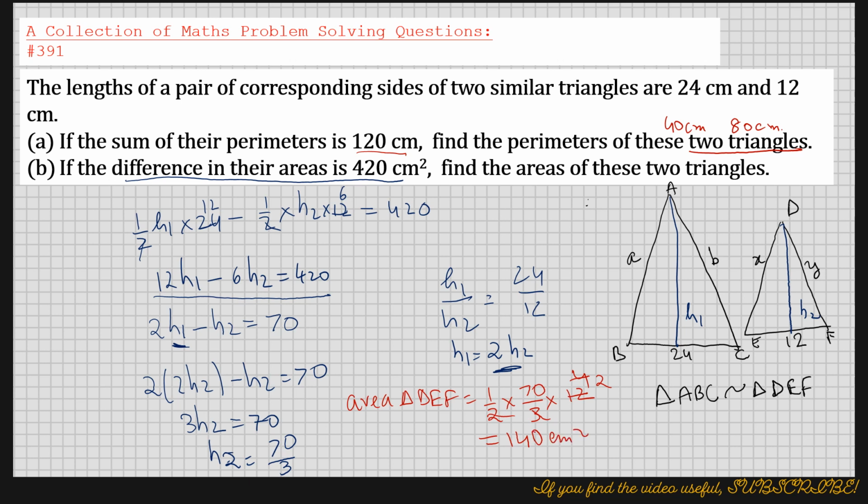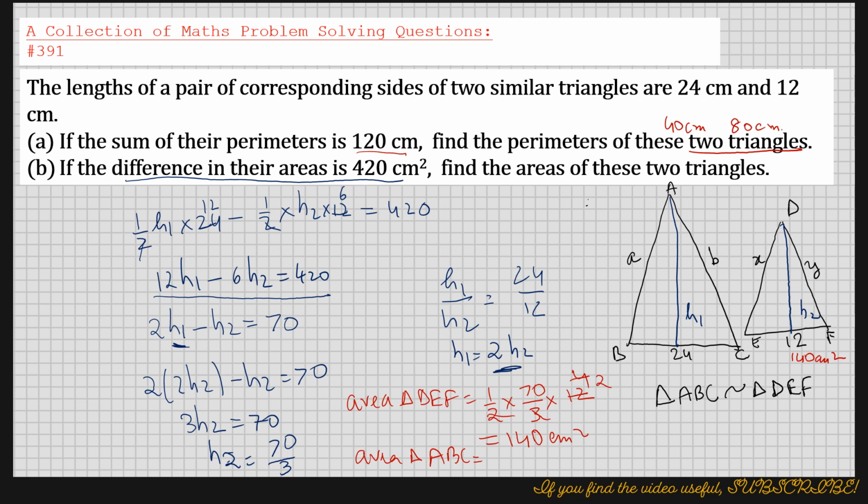So one of the areas is 140 centimeters square, and the area of triangle ABC would equal 420 plus 140, because of the difference.